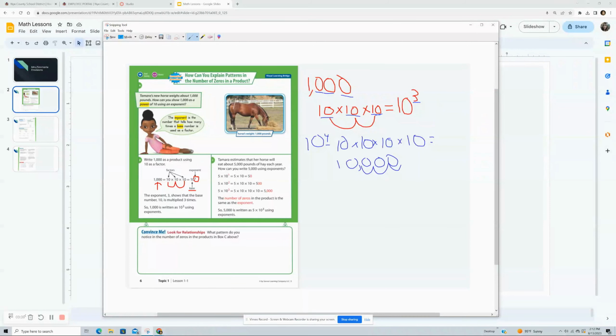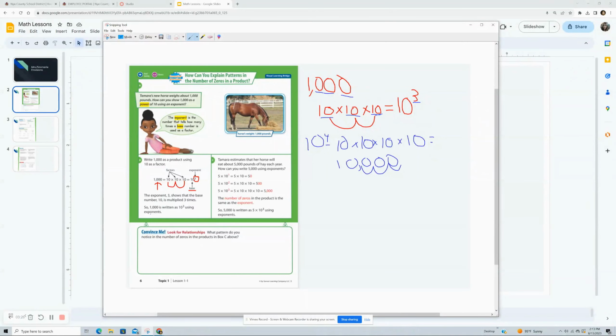So if we look at C, Tamara estimates that her horse will eat about 5,000 pounds of hay each year. How can we write 5,000 using exponents? So the number of zeros in the factors is the same as the exponent.